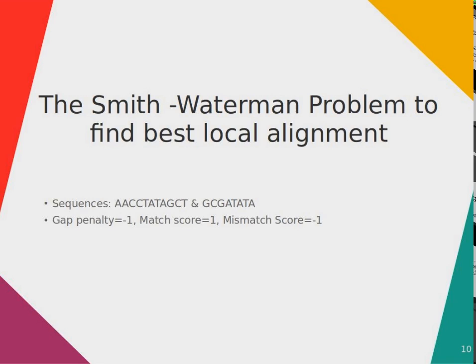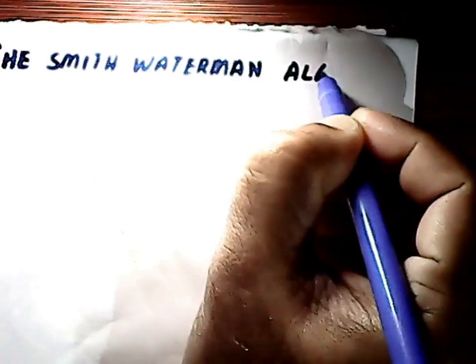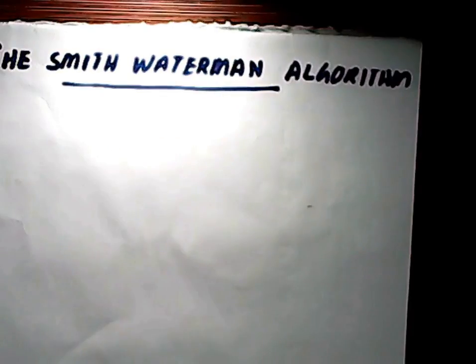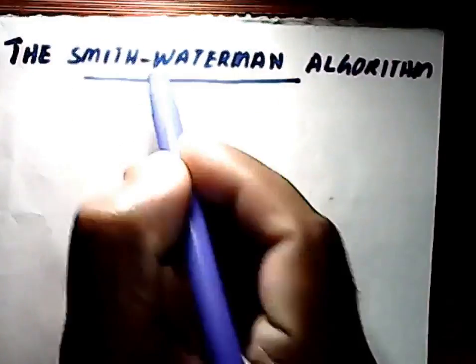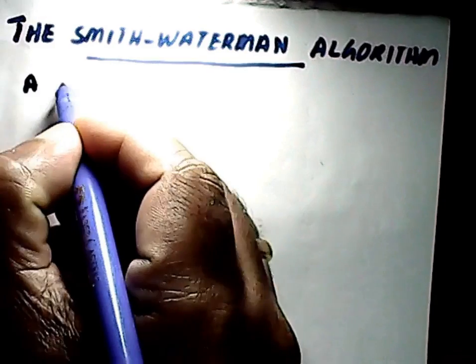Now, to understand this Smith-Waterman problem, to find the best local alignment, let us do a problem. Two sequences are given. Let us understand the Smith-Waterman algorithm by doing one problem. Consider two sequences.